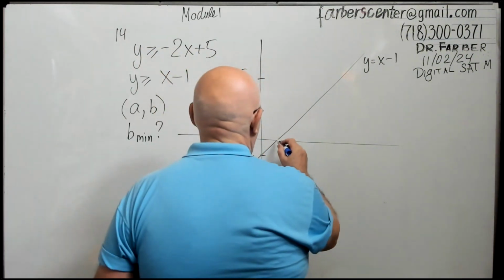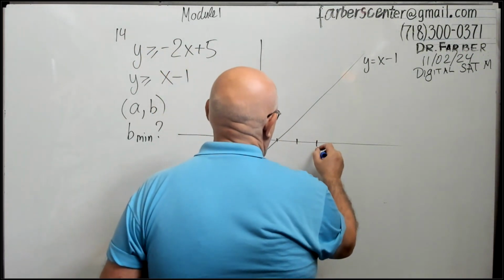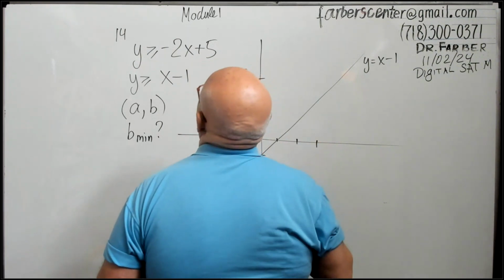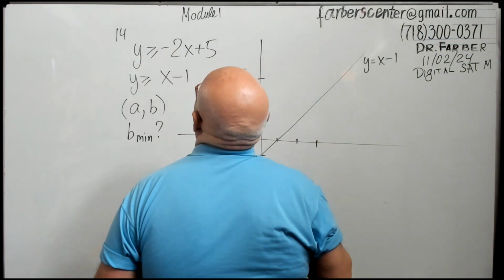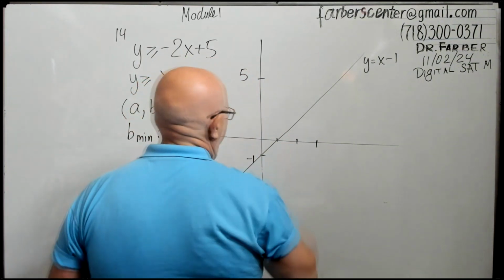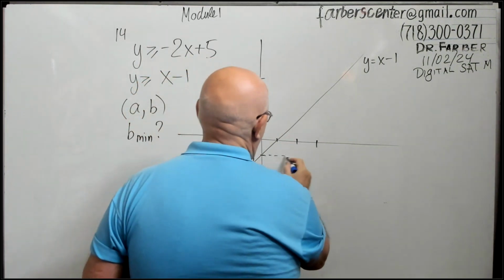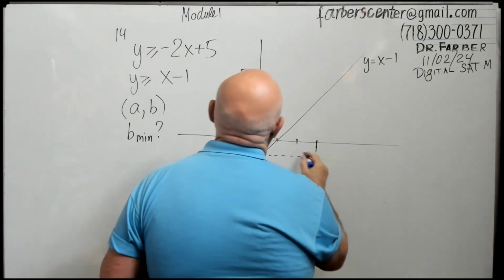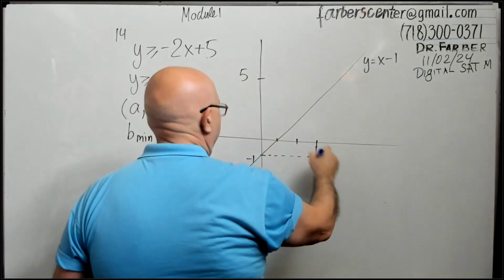Let's say this is 1, 2, 3. I want to have some point at 3. y is supposed to be negative 1: negative 2 times 3, negative 6, plus 5, negative 1. And I have to connect these 2 points.